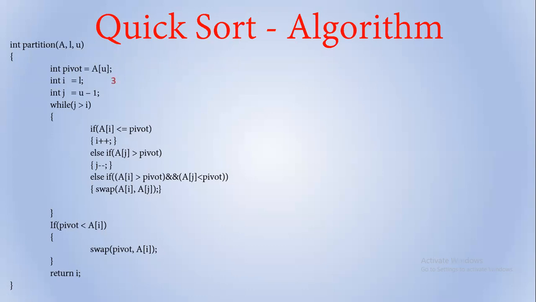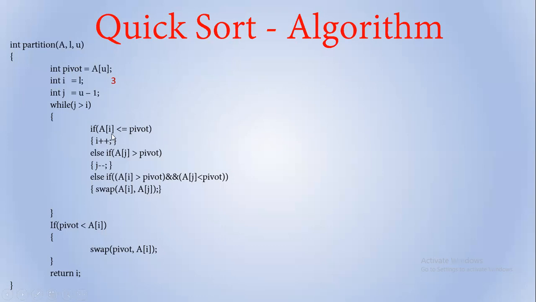In the partition function, you can see there are 3 instructions here, so the complexity is 3. And this will run from 0 to some value, and this will run from U minus 1 to that value.